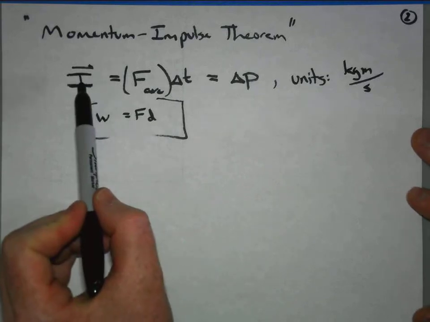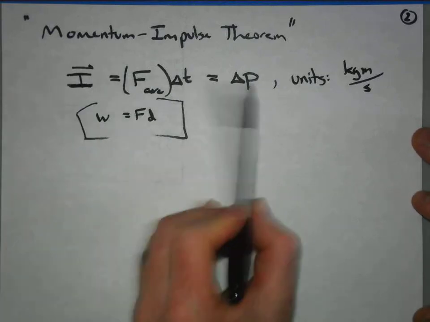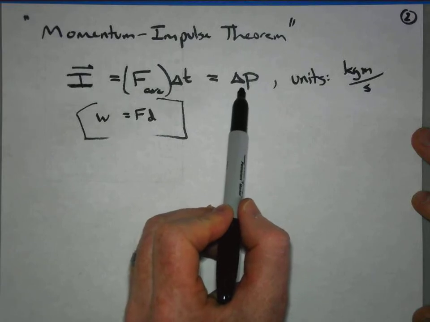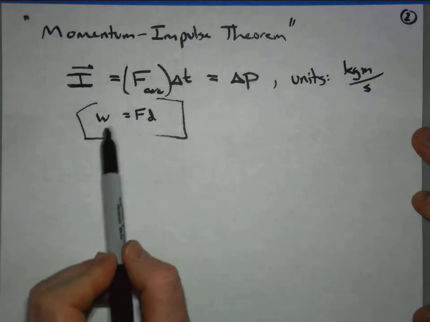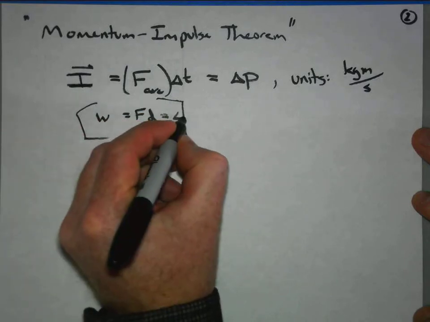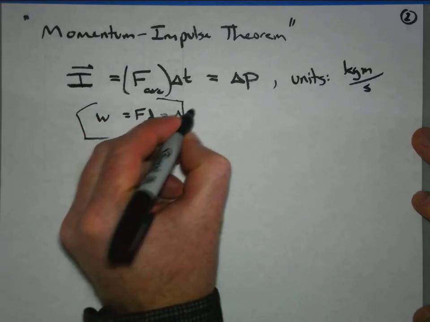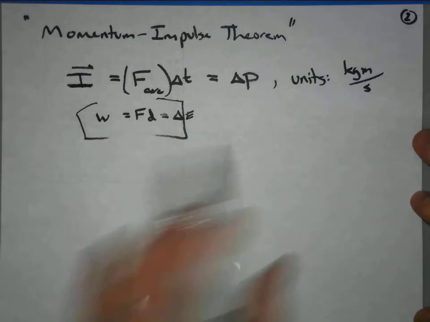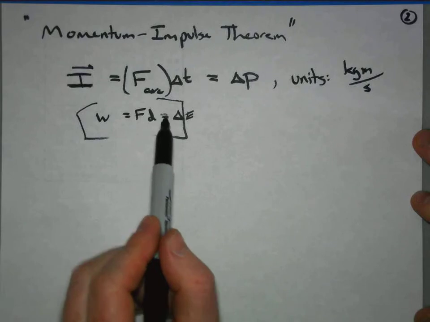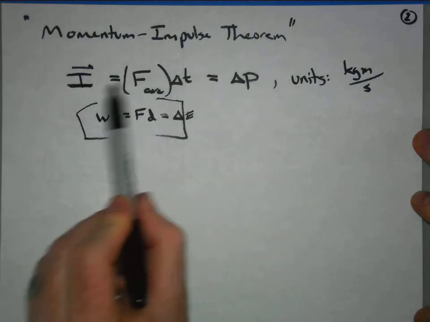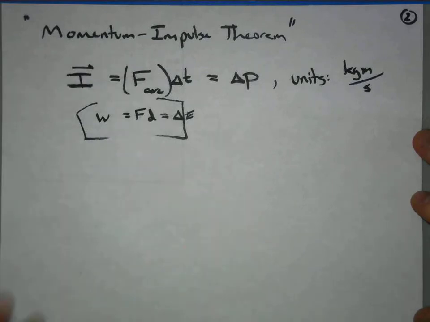So we have impulse being equivalent to a change in momentum, right? Well, work, what we saw was that it changed something about energy. Let's not get into the specifics of kinetic and potential and those things. But there is this work energy theorem. Work changes energy. There's this momentum impulse theorem. Impulse changes momentum. There are parallels.